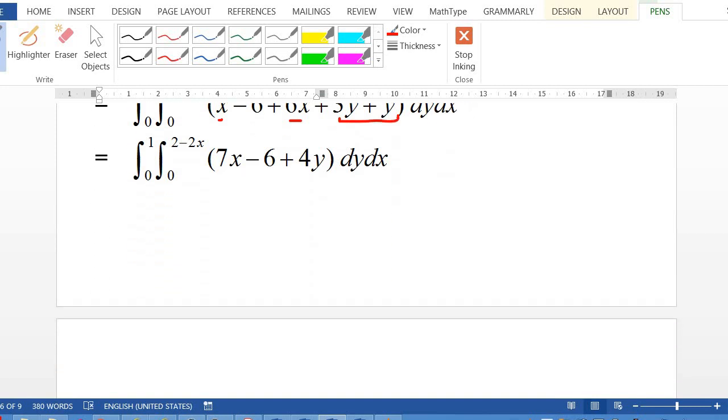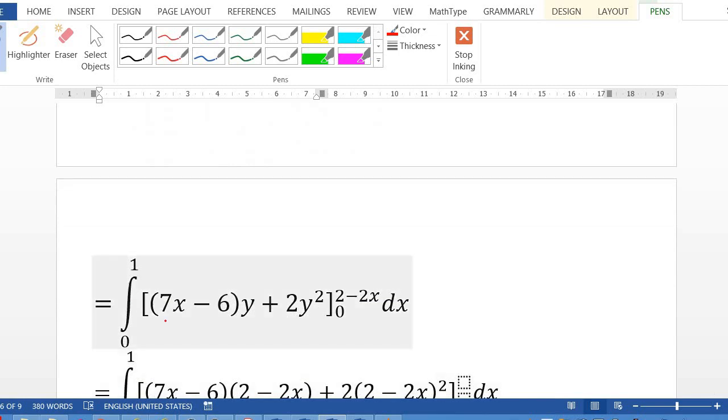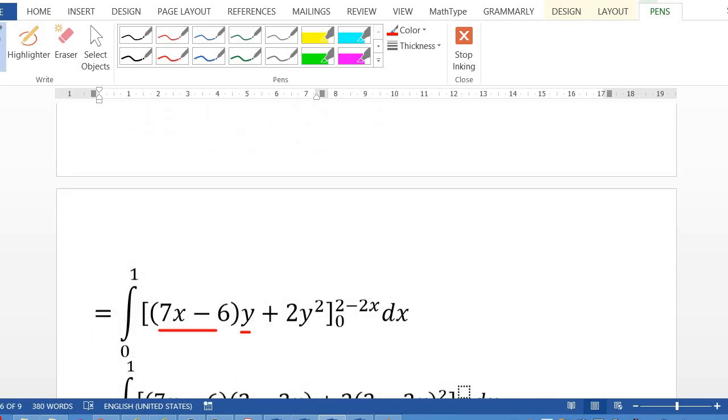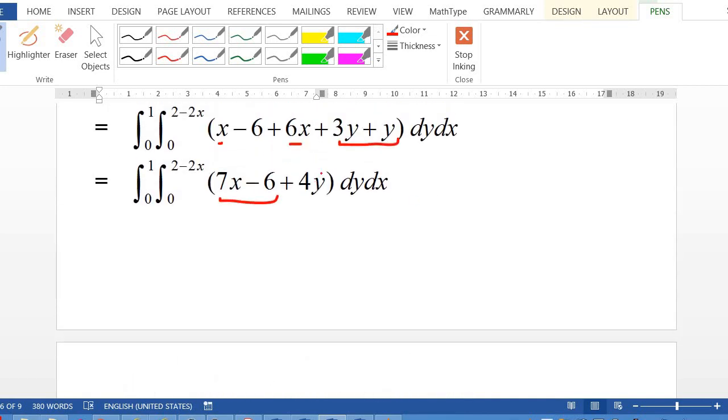Now integrate with respect to y first. When integrating with respect to y, you notice 7x minus 6 is actually a constant. So integrate a constant with respect to y, you have constant times y.